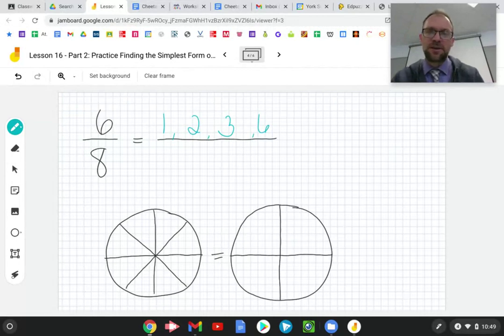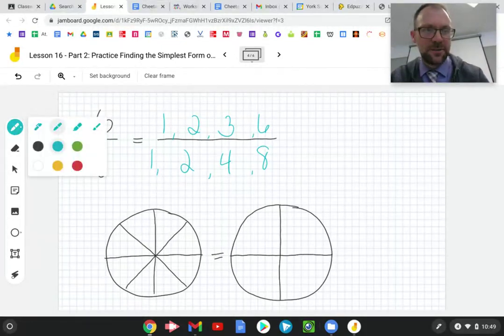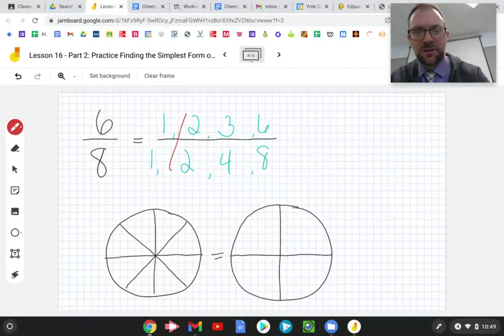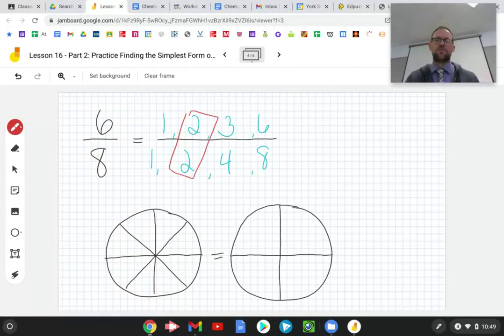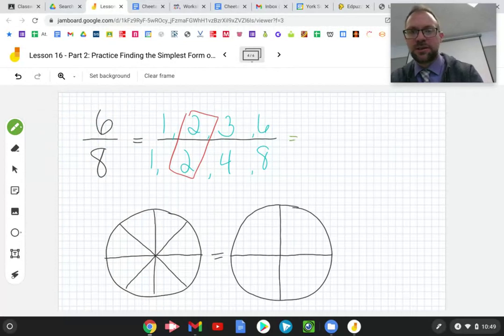And all of the factors of 8 are 1 times 8 and 2 times 4. Okay, well, that wasn't too bad. So the greatest common factor that both 6 and 8 have in common, if we take a look here, is 2.